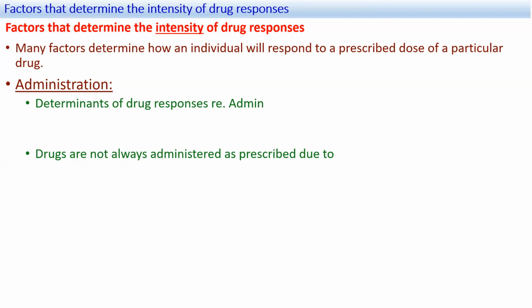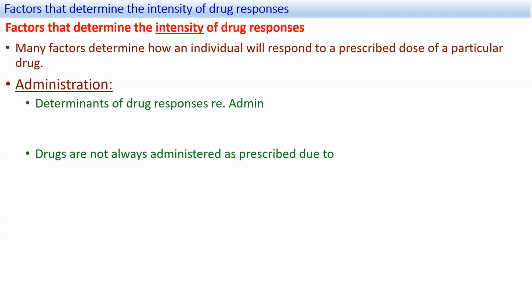Now, the drugs are not always administered as prescribed. We can anticipate that when drugs are not administered as prescribed, it's either due to medical error. You plan to give the drug intravenous, and then you forgot, or for some reason.